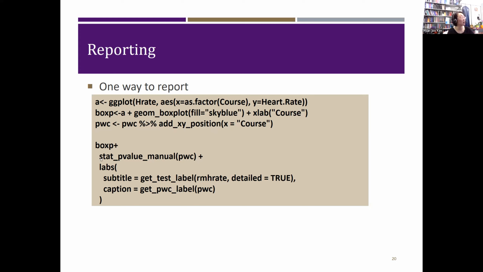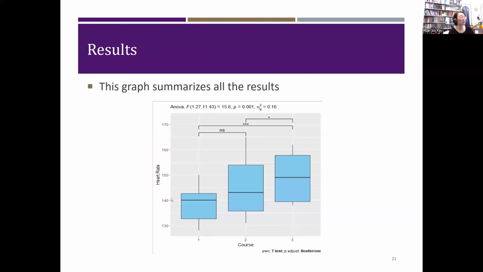Then later on, we add the stat_pvalue_manual(pwc) function, which is in the ggpubr package, to add pairwise significance on the box plot. As a sneak preview, that code will actually generate this plot.